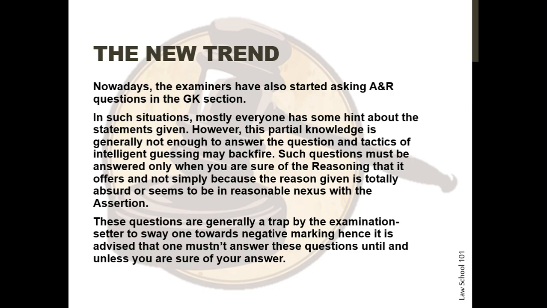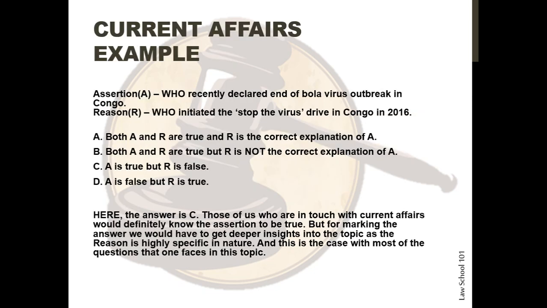However, only few people would know about the falsity or truthfulness of the reason, as this is not particularly in the current affairs. So, only those who have deeper insights on this entire topic and drive would know about the falsity or the truthfulness of the statement, and the statement is actually false. Thus, the answer would be C. That is, A is true, but R is false.